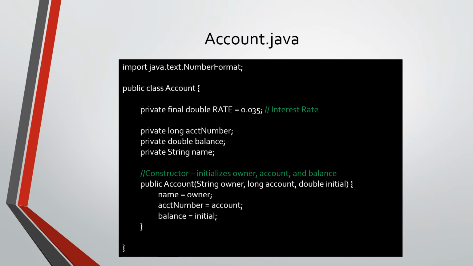In the parentheses after Account, we give Java instructions for how we want the information to be inputted. These are called parameters. Each parameter is separated by a comma, and they will be inputted in the order that is given. So we want to first enter the owner's name, which will be a string, then the account number, and then the initial account balance or starting balance.